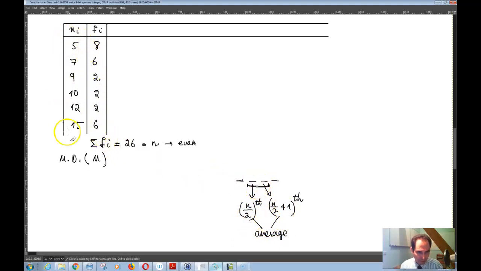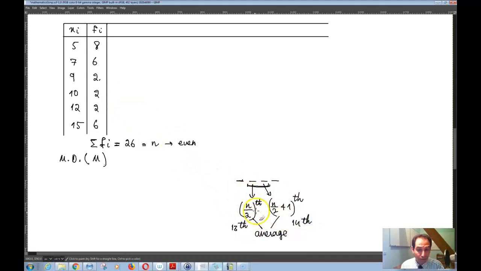So n divided by 2th observation is 26 divided by 2, which is the 13th observation. And the next one would of course be the 14th observation.